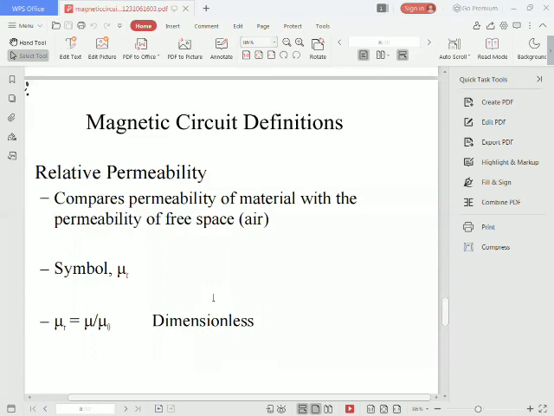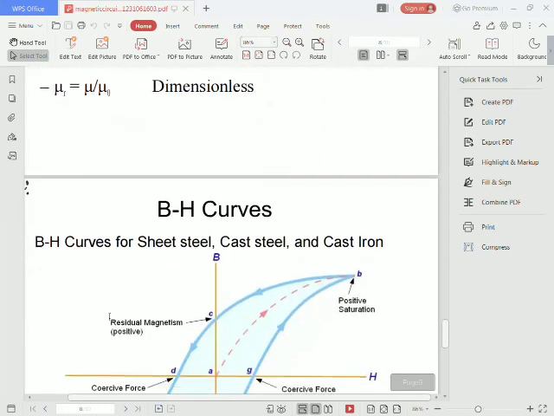It compares permeability of material with the permeability of free space. That is, mu r is equal to mu upon mu0. As mu r is the ratio of two flux densities, it is a unitless quantity, that is dimensionless.